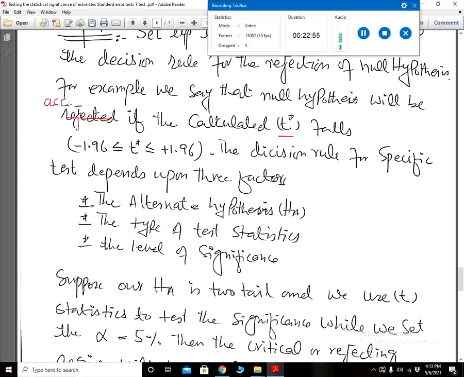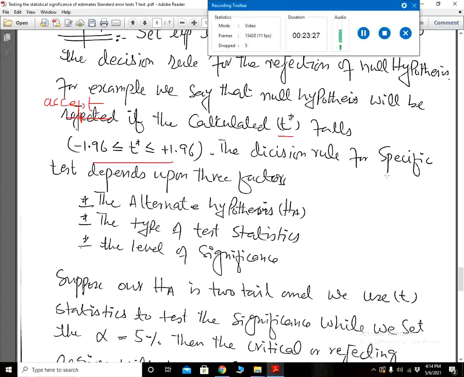We will accept the null hypothesis if the value of t is greater than minus 1.96 and less than plus 1.96. If the empirical t value lies between minus 1.96 and plus 1.96, we accept the null hypothesis. If it falls beyond these limits, then we will reject the null hypothesis.